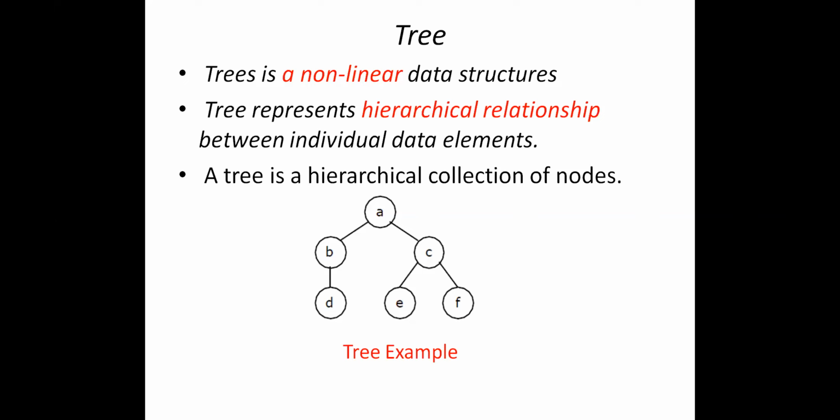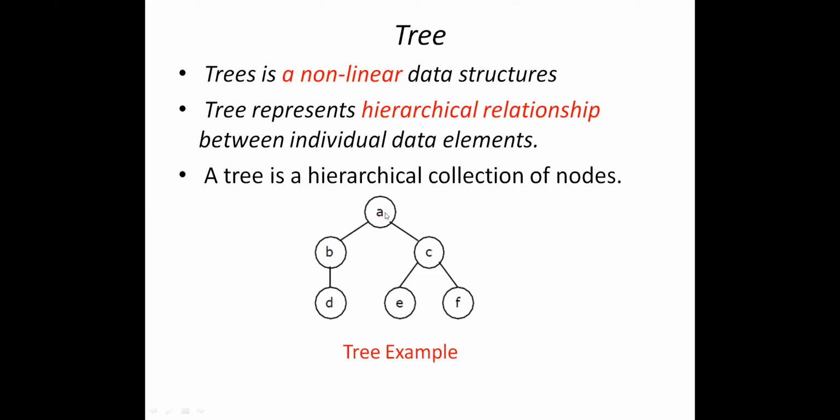So why are we saying this tree data structure is non-linear? What is the reason to say that it is a non-linear data structure? Because one element will have some relationship to another element. For example, this is an example of a tree.